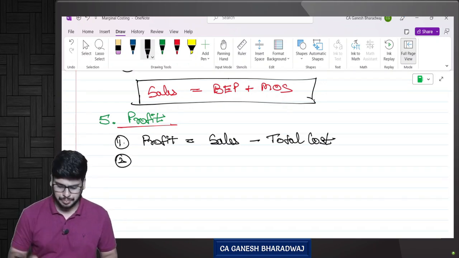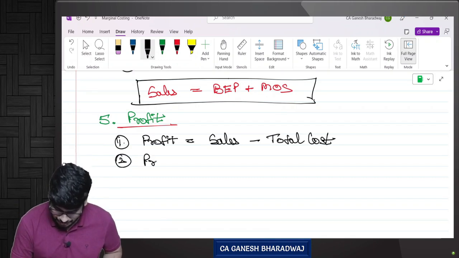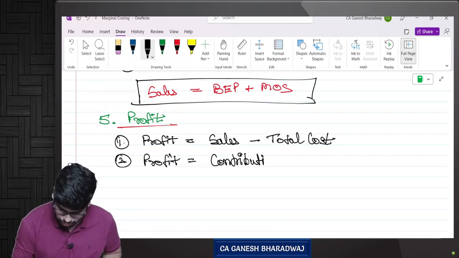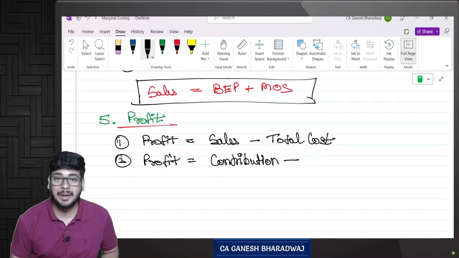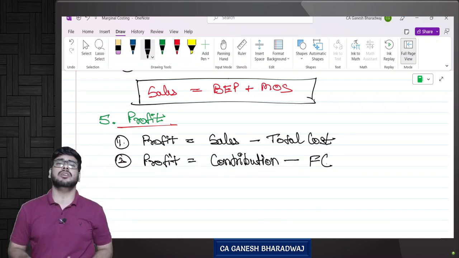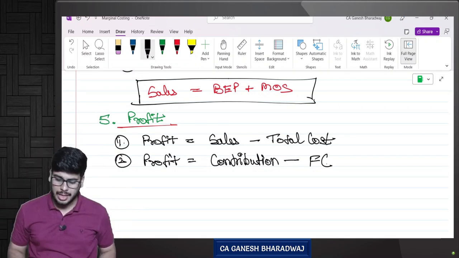Formula number 2. You tell me what could be another formula. Can I say profit is equal to contribution minus fixed cost? Correct? Contribution minus fixed cost is going to be my profit. Correct or not? That is the marginal costing income statement only. Yes.